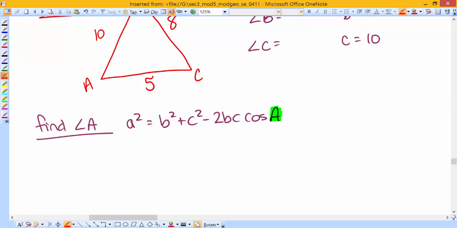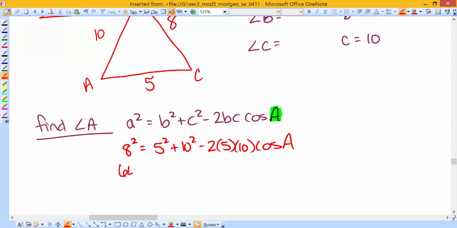So I'm going to plug in and I'm going to take my time. So 8 squared is a. B was 5, so 5 squared plus 10 squared minus 2 times 5 times 10 cosine of A. So I'm going to simplify all of my numbers.